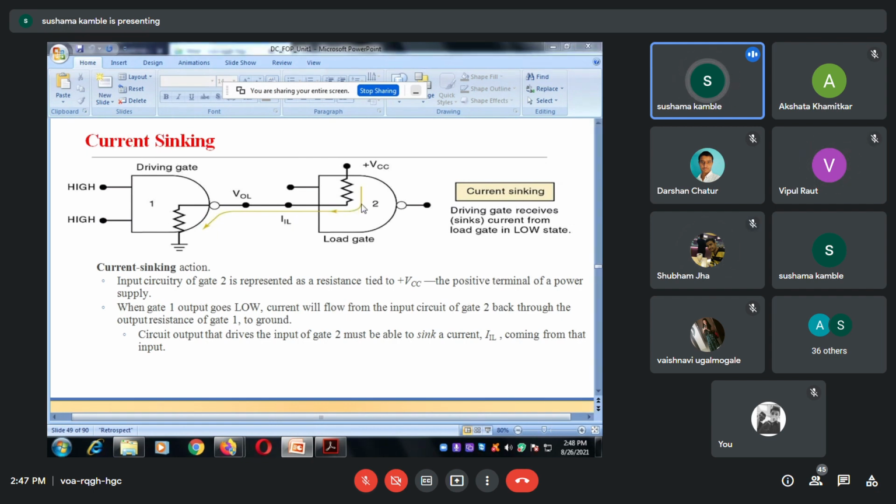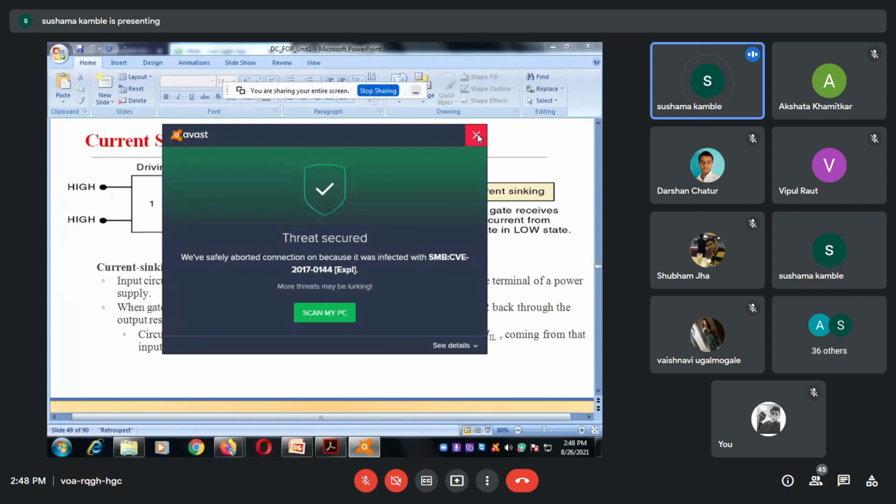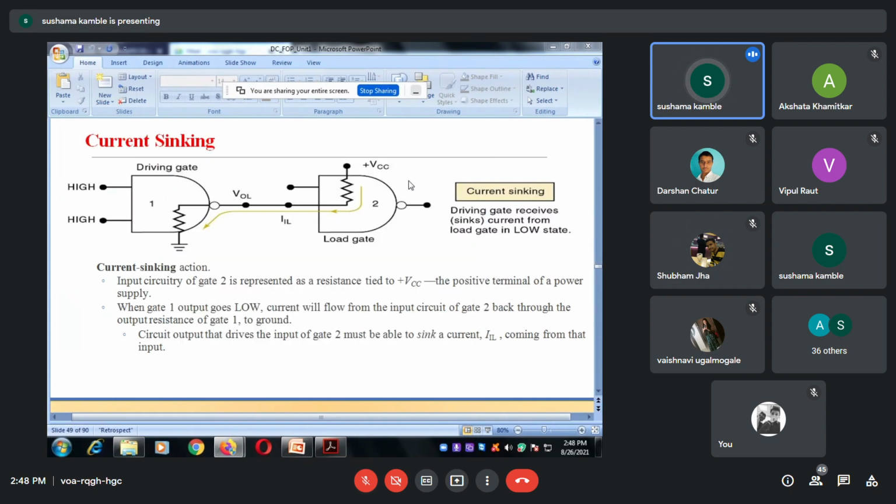So a driving gate that receives current is called a sink. The driver gate receives current from the load gate in a low state. So the change in the diagram is important. There might be options for this diagram, and maybe a question on what sourcing and sinking are.